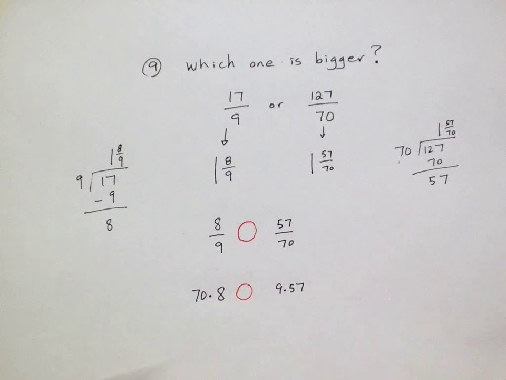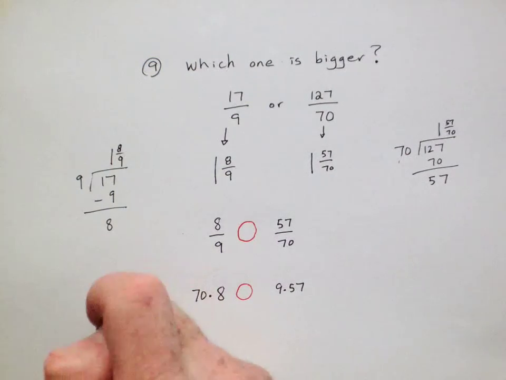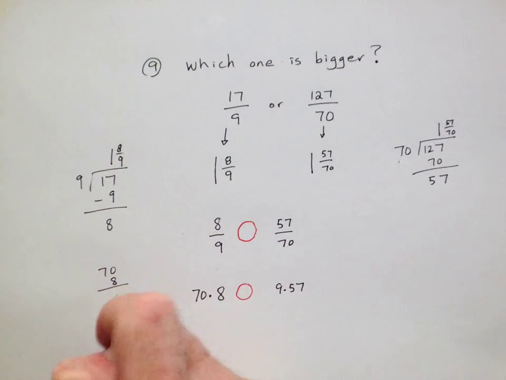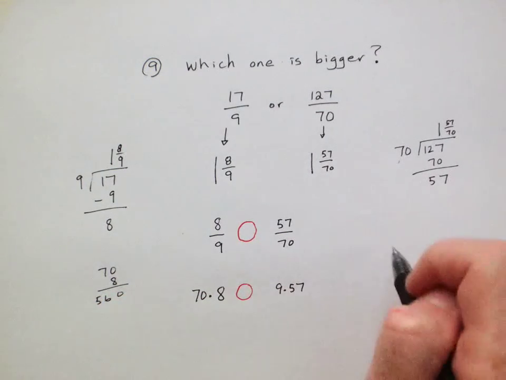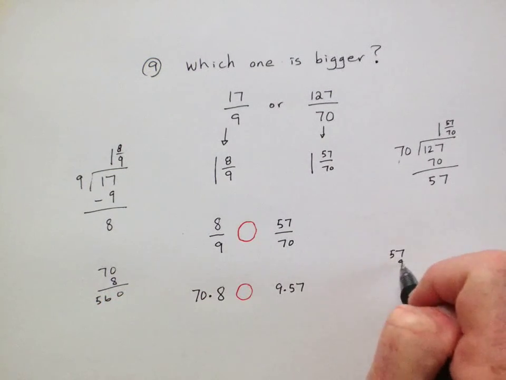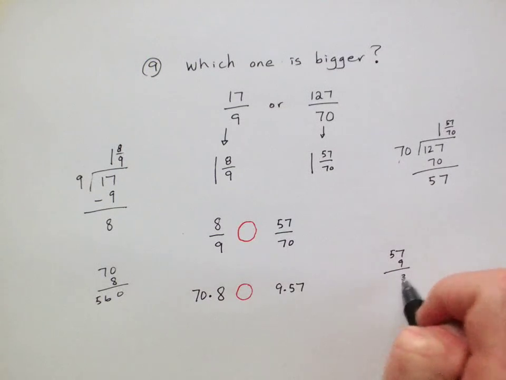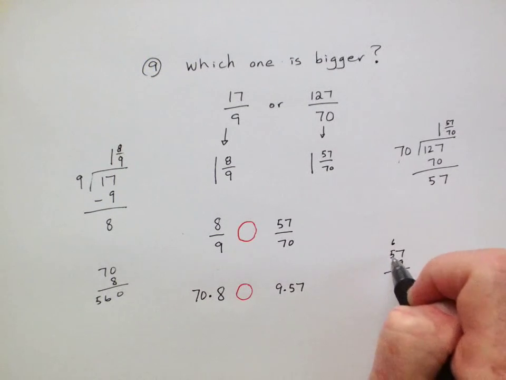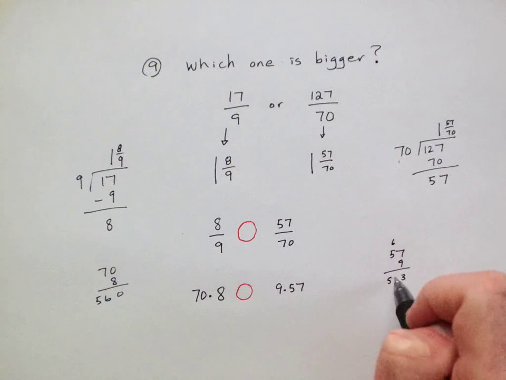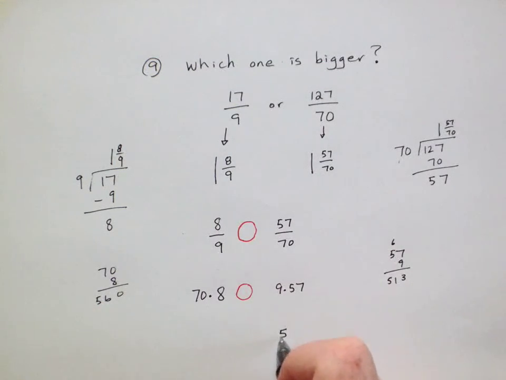Which is bigger? So 70 times 8 would be 560. 57 times 9, this would be 63. This would be 45 and 6 is 51. So this side is 513 and this side is 560.